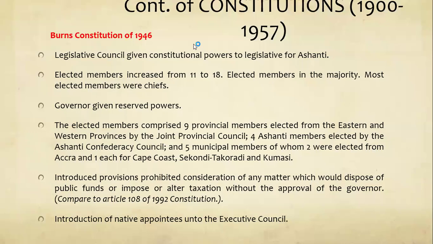And in terms of progress which had been made by agitators for reform, what we see in the Burns Constitution of 1946 was the introduction of representative government, very important, for both the colony and Asante. That is the Asante territory, which has not become part of the colony, strictly speaking.